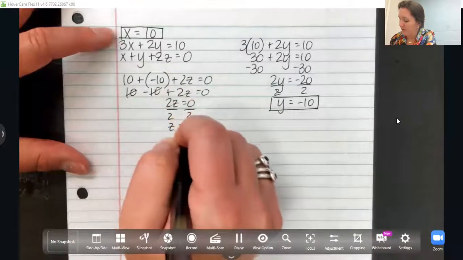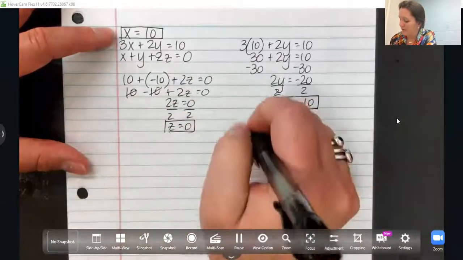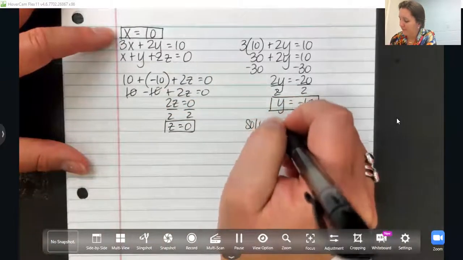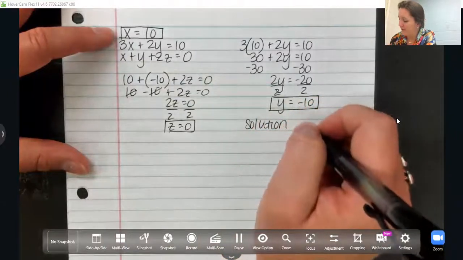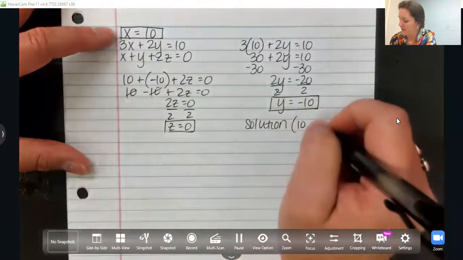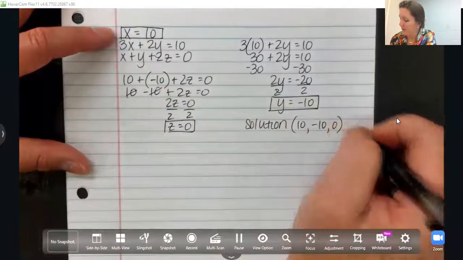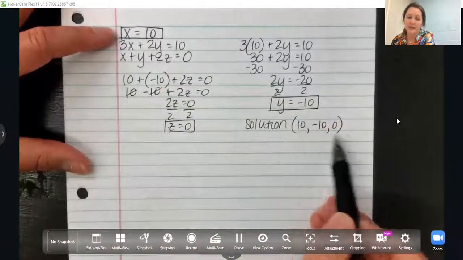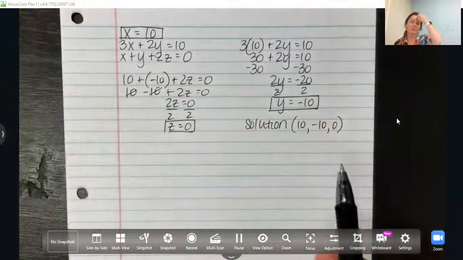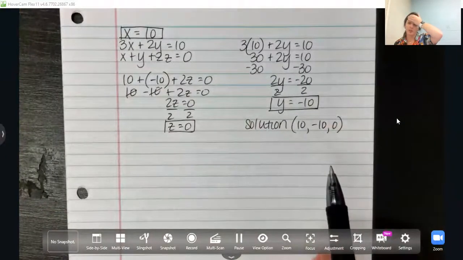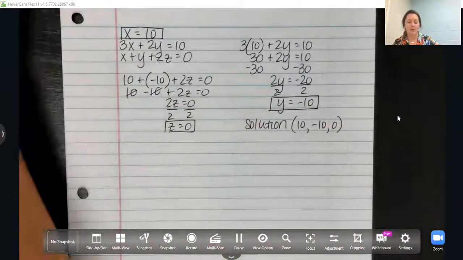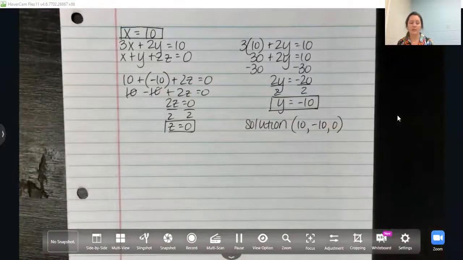And it looks like z equals 0 here. So our solution is 10, -10, and 0. So the way that we'll write that is x, y, z. Just like in your coordinate plane where you have x, y, this is how you write the 3D coordinate plane, x, y, z. All right, let's move on to our Gaussian elimination.